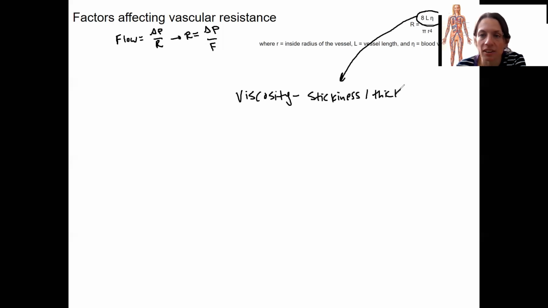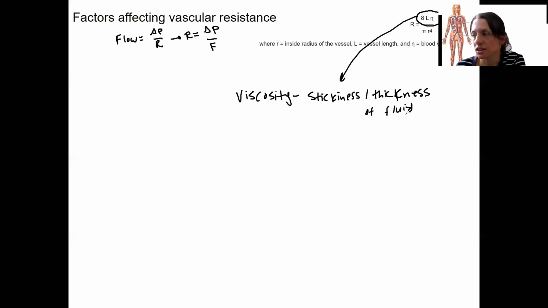And blood is variable in viscousness. It's more viscous than water, right? The plasma portion of blood is going to be less viscous, but blood overall, whole blood, has some substance to it. And that can potentially change over time, but it's fairly constant.